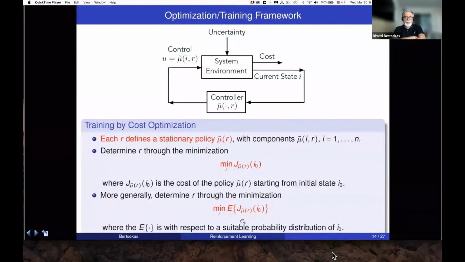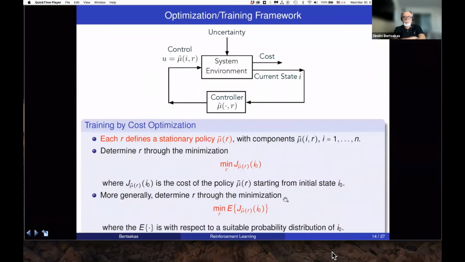No, that's not the expectation with respect to the uncertainty inherent in the transition probabilities, in the system dynamics, and also the uncertainty inherent in the randomized policies once we introduce randomized policies. This is expected value with respect to initial condition.